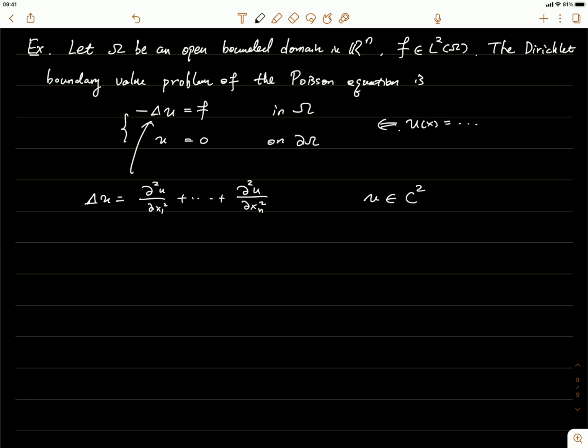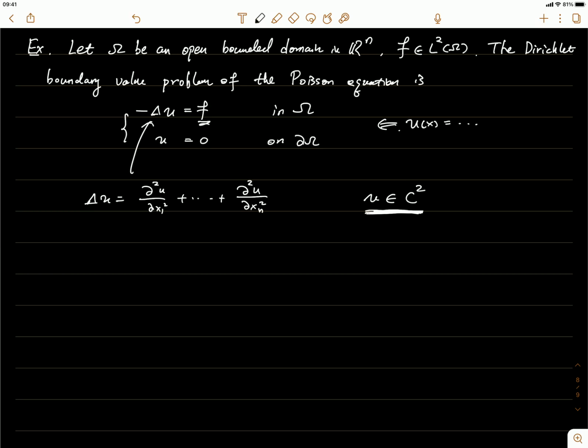But in reality, even if f is continuous, we probably cannot find such a u. You don't have a u that is in C². In this case, people will usually step back a little bit. If there's no way to find such a u, then let's consider the PDE from a different angle.